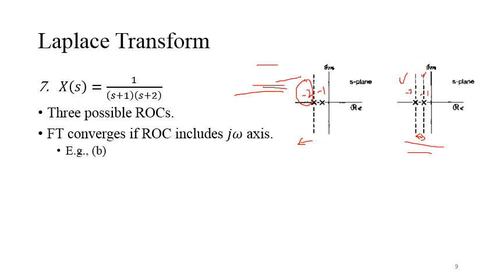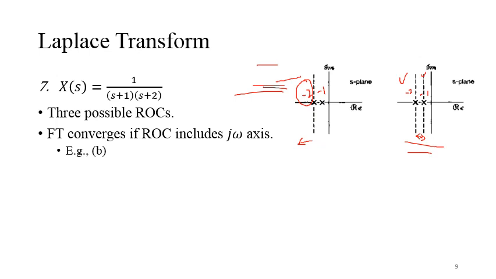It was a two-sided signal, and you found that the ROC, with the scaling b in the exponential signal, was between minus b and plus b. So that was a two-sided signal.